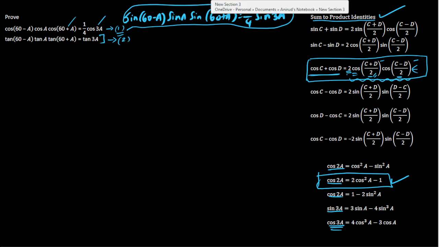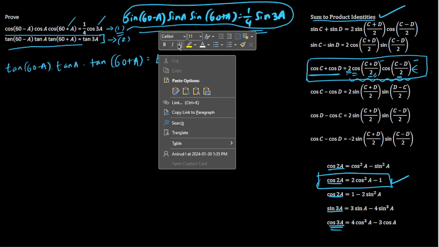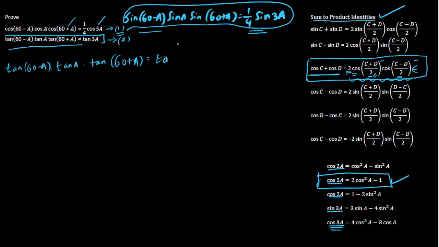Before we get to the tan, we know sine(60 minus A) sine A sine(60 plus A) is 1 by 4 sine 3A. And similarly, we know cos(60 minus A) cos A cos(60 plus A) is 1 by 4 cos 3A. So we can write tan(60 minus A) tan A tan(60 plus A) equal to tan 3A. This is what we are trying to prove.